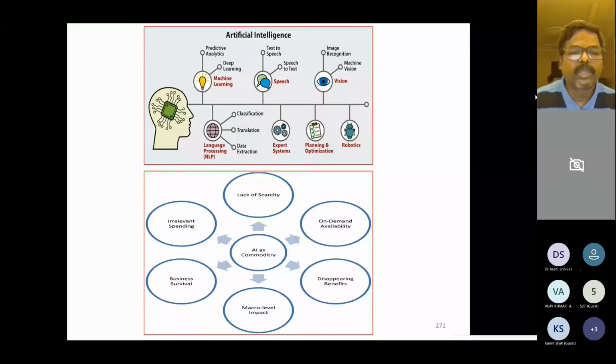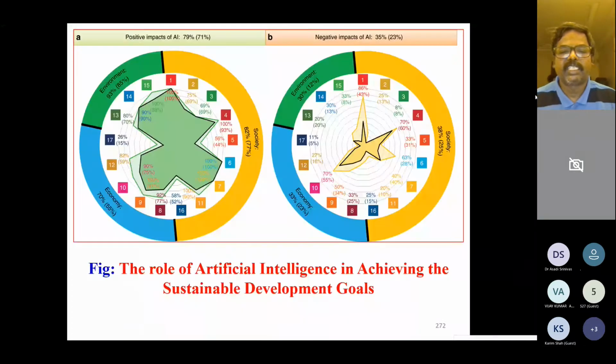Then coming to the role of artificial intelligence in achieving the sustainable development goals. See here, positive impact of AI 79%, negative impact of AI 35%. In the positive impact of AI, we are using AI in environment 93%, society 82%, and economy 70%.